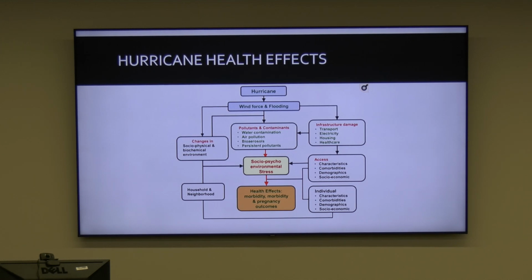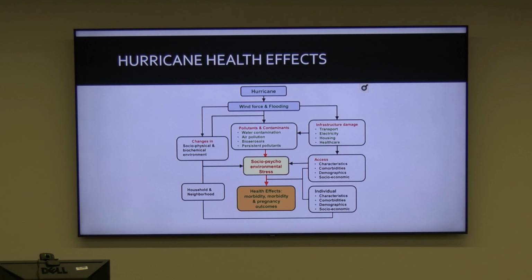It also causes pollutants and contamination, which I will talk about later on as well. But the main things: it contaminates the water, it pollutes the air, it has bioaerosols and persistent pollutants. It also has changes in socioeconomic, socio-physical, and biochemical environments.